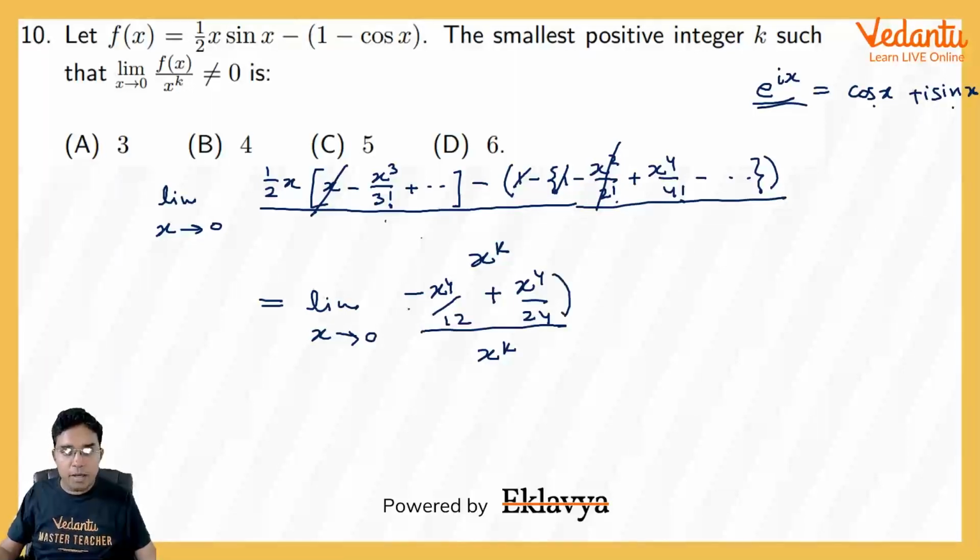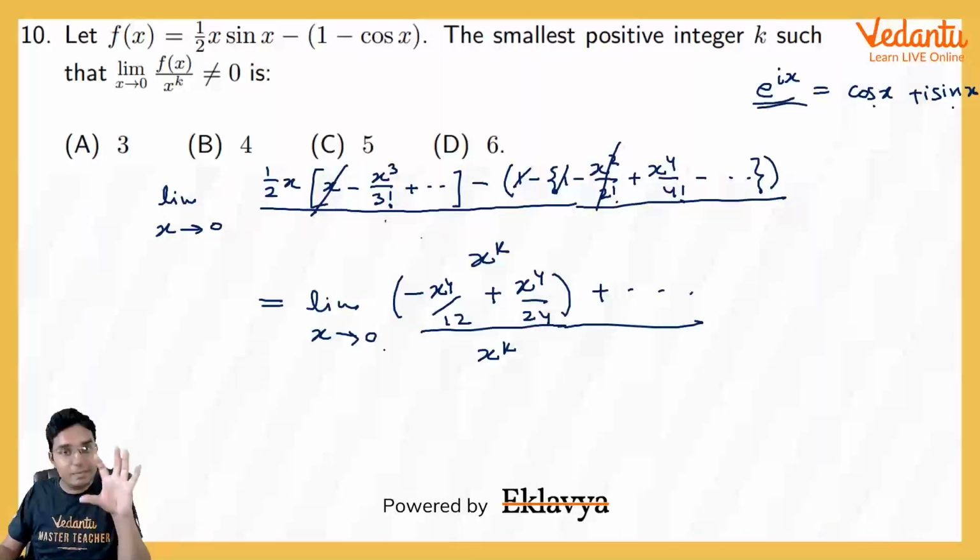Now there will be higher power of x also, but we will ignore them because x is approaching to 0. When x approaches to 0, the smallest power of x matters. All higher powers don't matter because they will be very, very small as compared to this x. Now, what can be the maximum value of k?